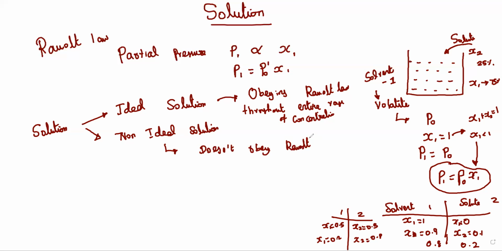That is the meaning of not obeying Raoult's law throughout the entire range of concentration. So that is the main difference between ideal and non-ideal solutions. Is the non-ideal solution clear?